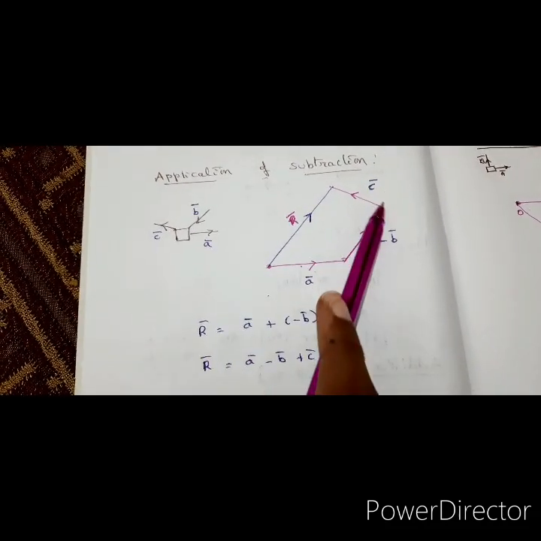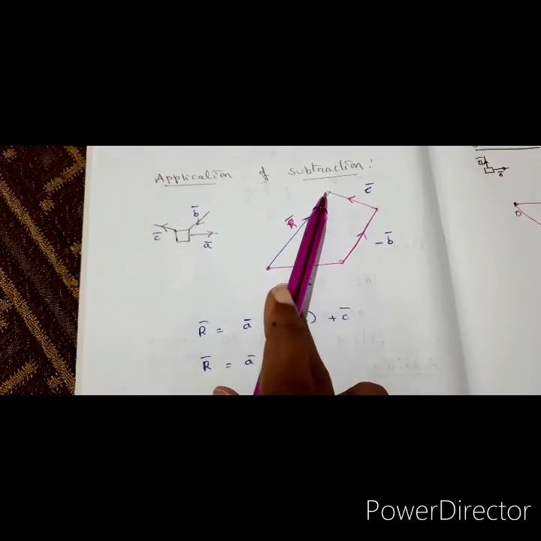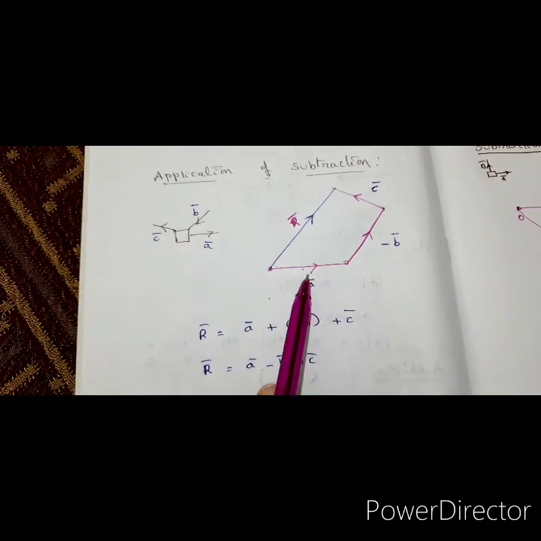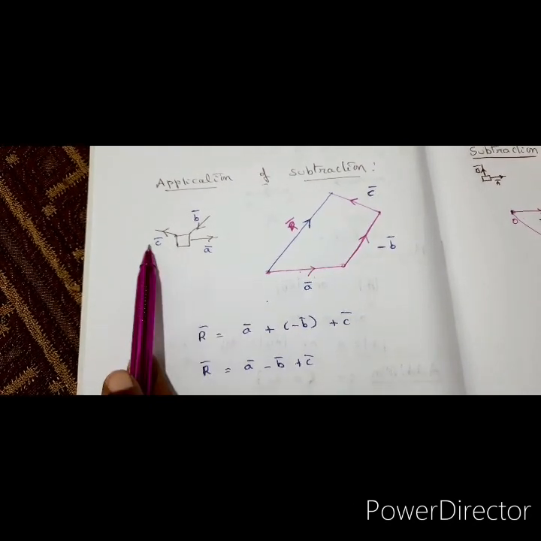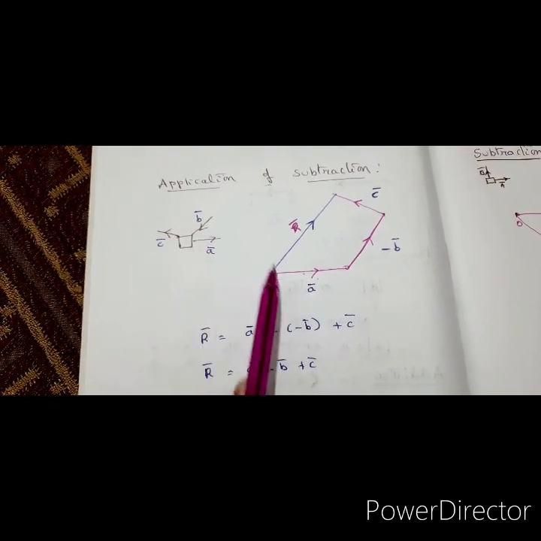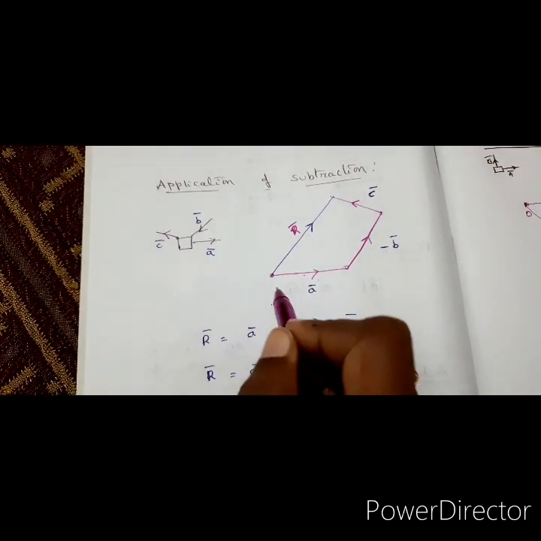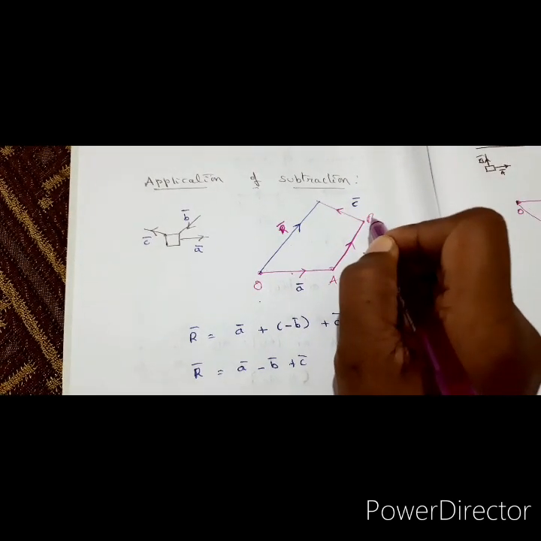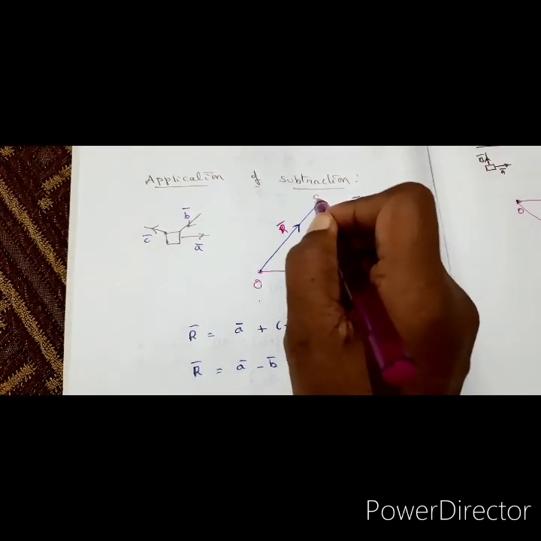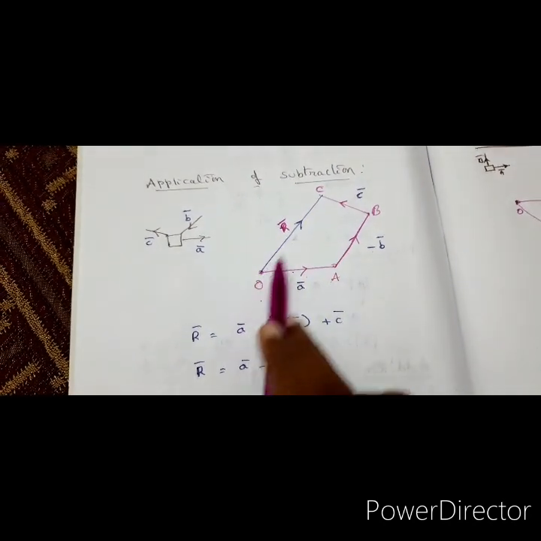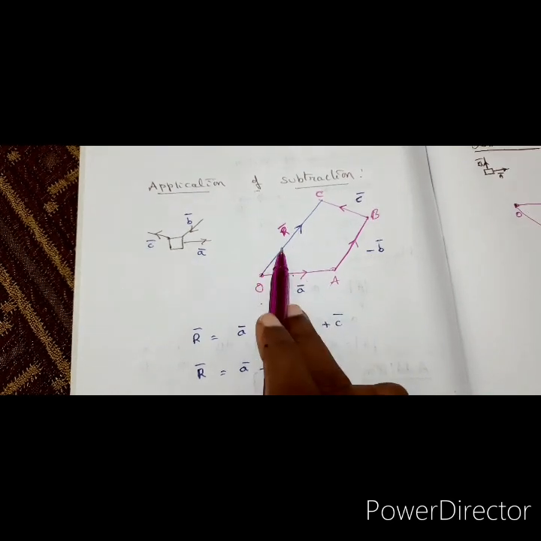And from the head of this one, you now move on to the third vector, an equal vector. So A bar, C bar are equal to the given vectors, where minus B bar is the negative of B bar. And now can you see the resultant? It is from O to A and again A to B and then again B to C. From the diagram it is very clear that O to C is R bar, the resultant.